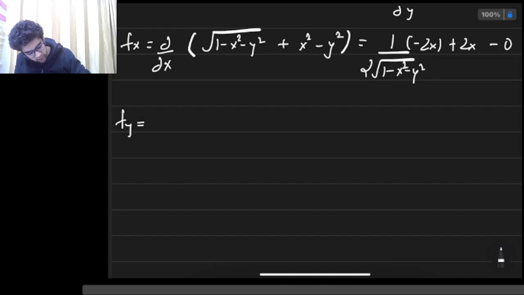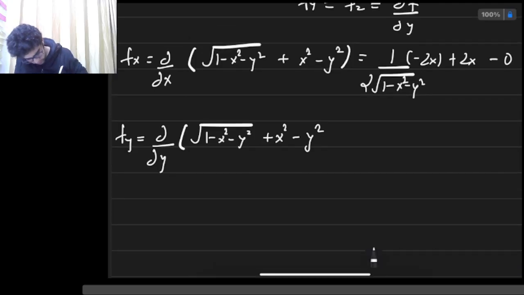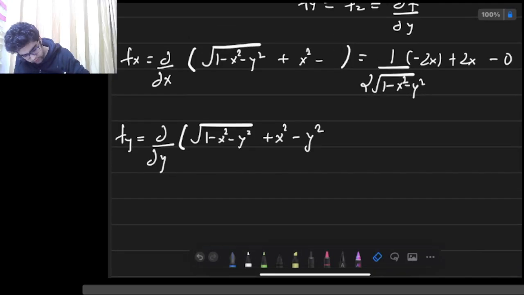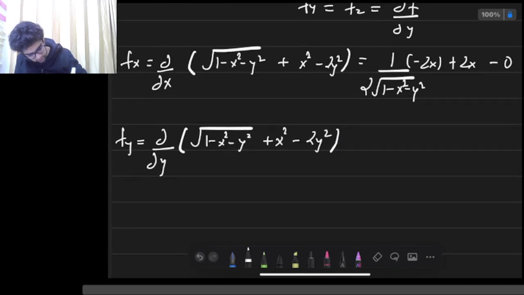And what is fy? Del f by del y, where f is root of 1 minus x square minus y square plus x square minus 2y square. Wait a minute, this is 2y square, minus 2y square, right?